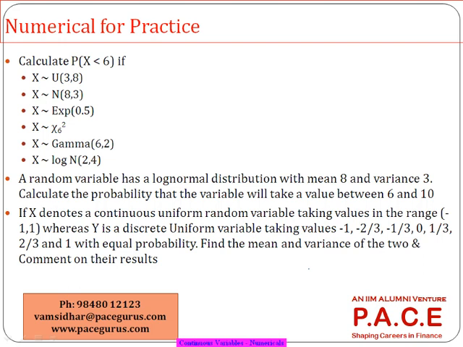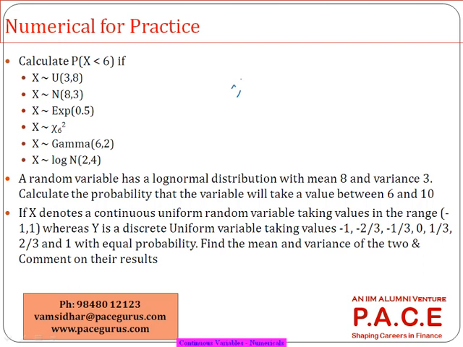Okay. If x denotes a continuous uniform random variable taking values in the range -1 to 1, because it's a uniform random variable, the mean is (a plus b) by 2 and variance is (b minus a) whole squared by 12.